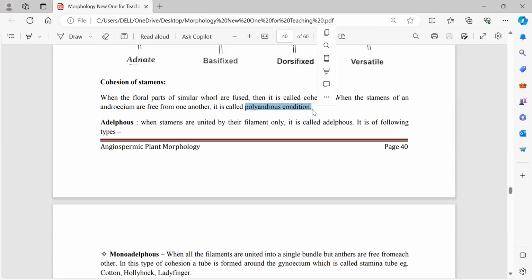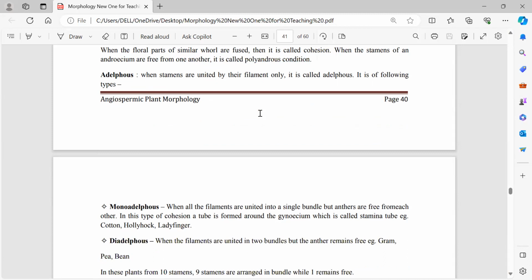Just as when sepals are free in the calyx, we call that a polysepalous condition, and when petals are free, polypetalous condition. So when stamens are free, we call it polyandrous condition. Androecium. Andro means male. Now we have adelphous. This is very important.